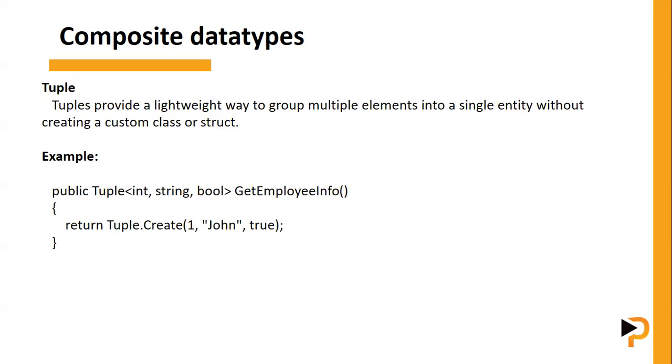Next, another composite data type is a tuple. Tuples provide a lightweight way to group multiple elements into a single entity without creating a custom class or a struct. So it's a simple single line or a row. Instead of creating multiple, we can create one single line by using the tuple.